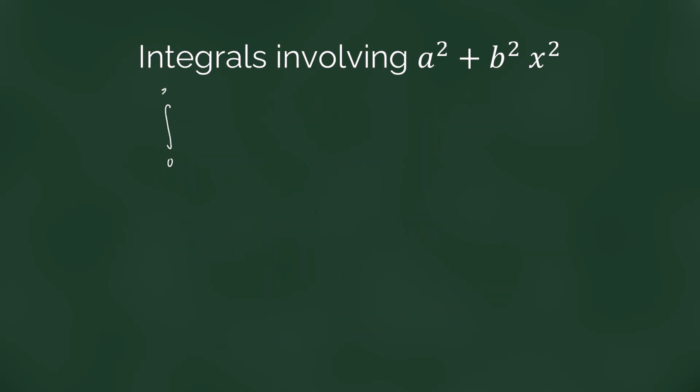We'll do a definite integral now using this method of substitution. So let's look at the integral from 0 to 3 of x squared over x squared plus 9 dx. Since our a value is 3, we're going to let x be equal to 3 times the tangent of theta. That gives us x squared equals 9 tangent squared of theta.